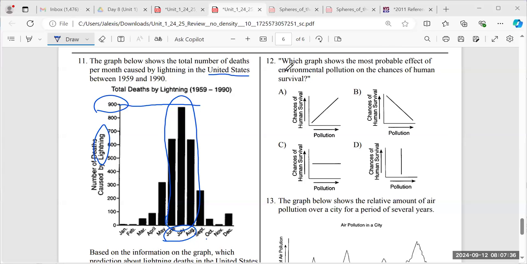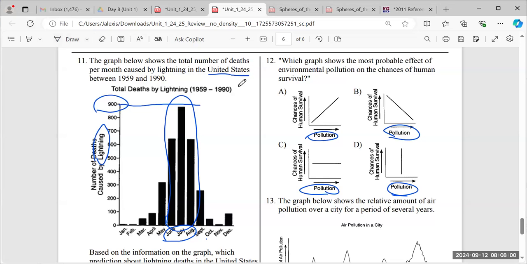Number 12, which graph shows the most probable effect of environmental pollution on the chances of human survival? Well, I see pollution is on the x-axis, right? And what do we know about the x-axis? Whatever variable is on the x-axis means that it is increasing. All right, let me zoom in here.